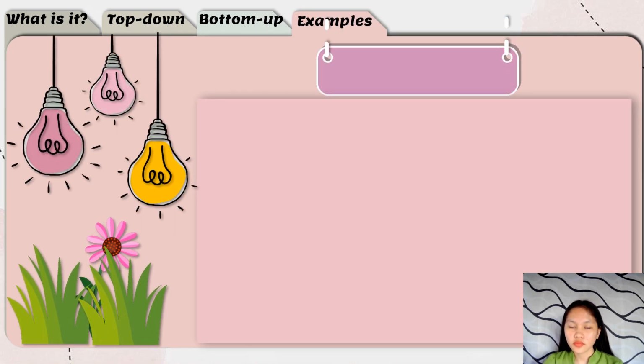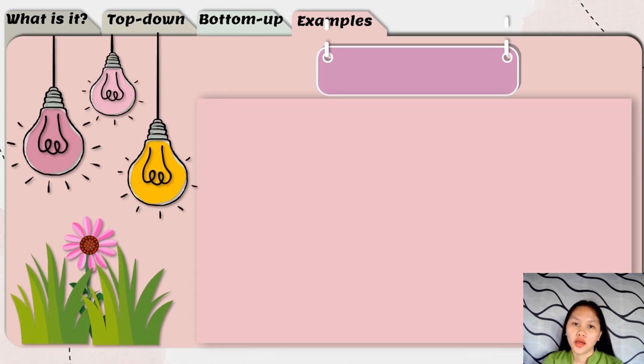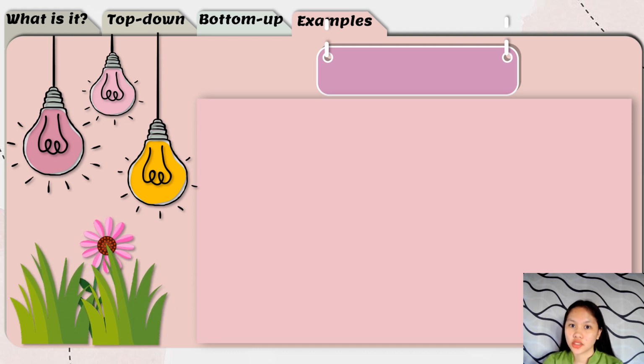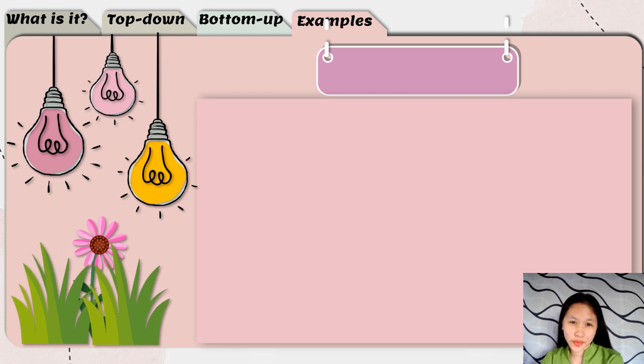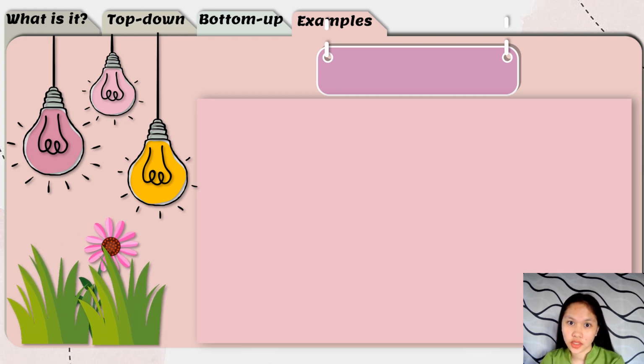Again, the bottom-up listening strategy focuses on the specific details of a text.